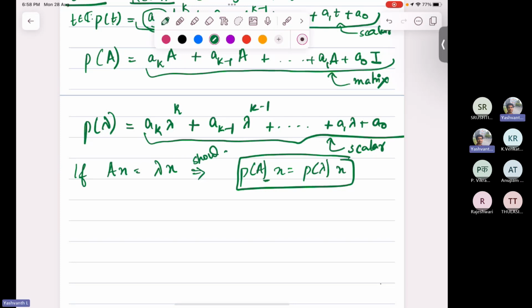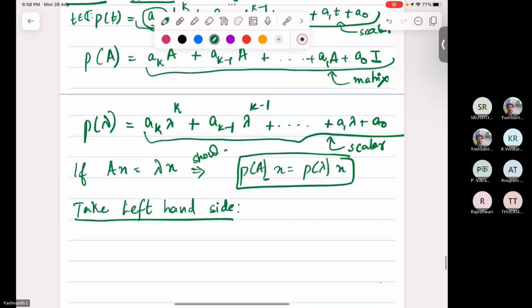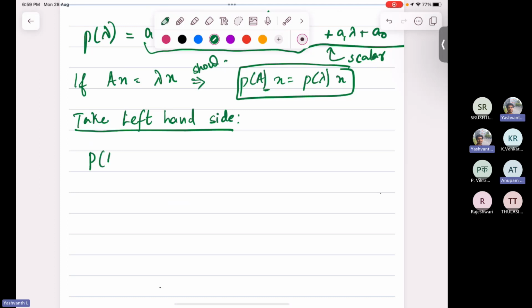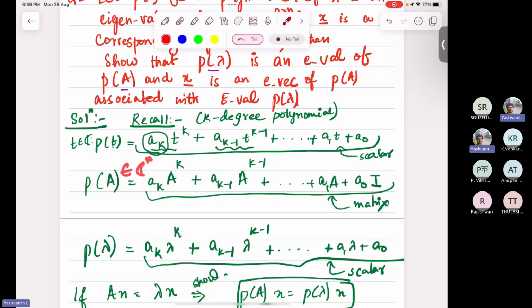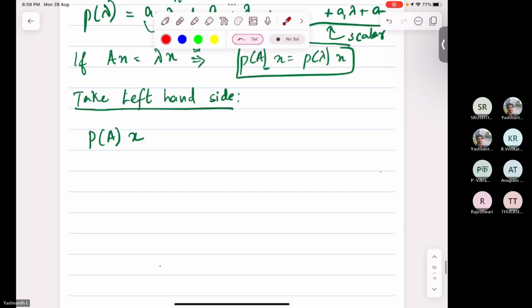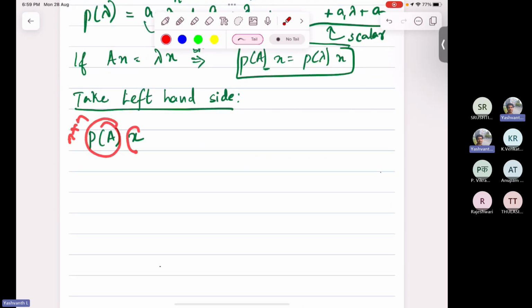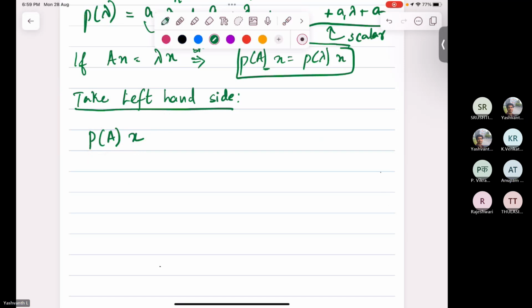I'll take the left hand side, P of A times x. Again confirming, P of A is a matrix of dimension n by n, because A^k is n by n and every term is n by n, so I'm adding n by n matrices and it's again an n by n matrix. x is an n by 1 vector, so the product is an n by 1 vector.